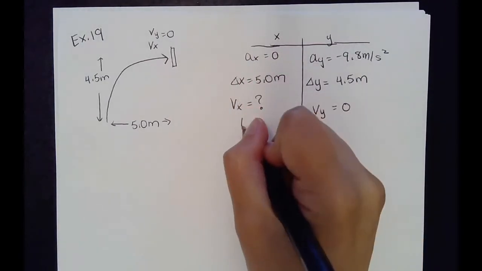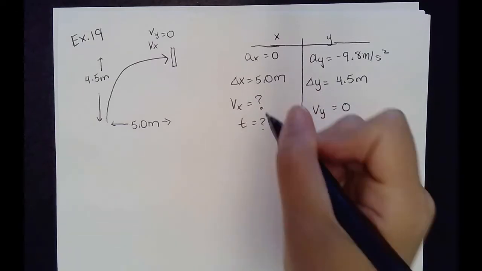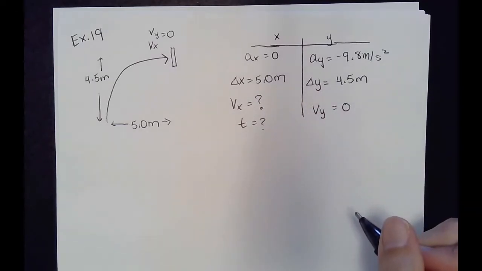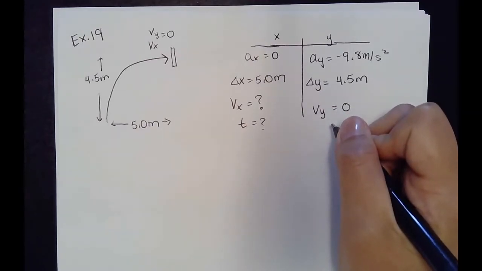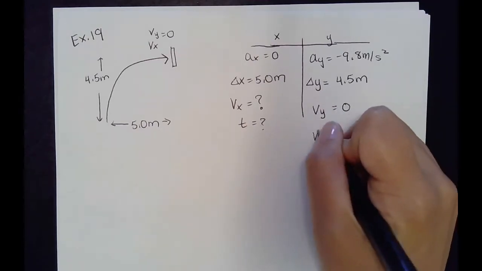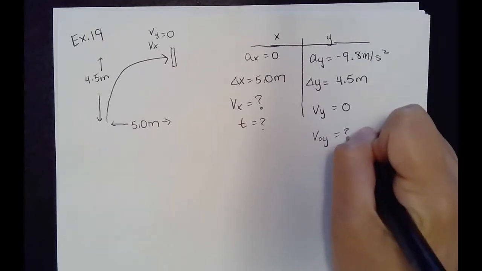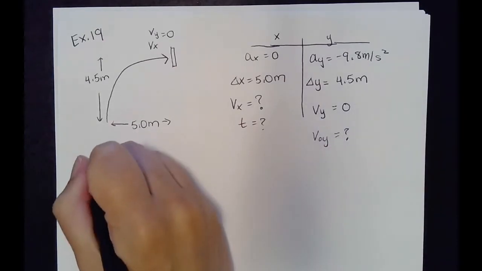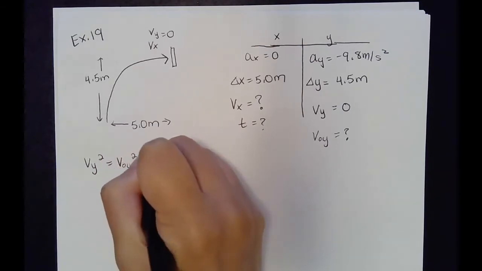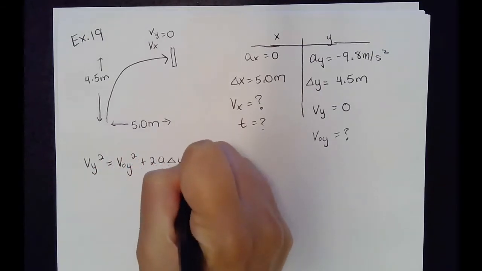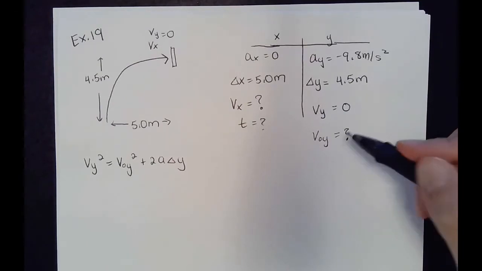So looking at this, we need to find time in order to be able to find Vx with the x information. So we'll go to the y information to find time. And when we do that, we will need the initial y velocity first. So let's find that as our first step. We have Vy squared equals V naught y squared plus 2a delta y, since we don't have time yet.